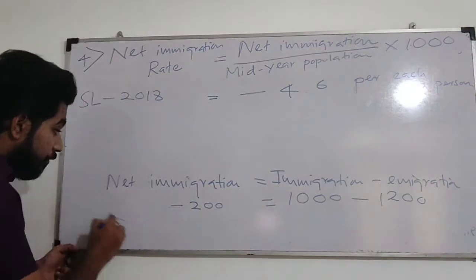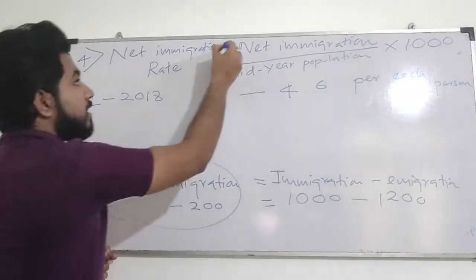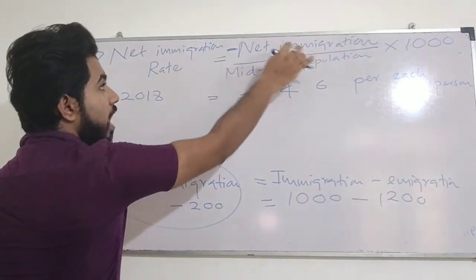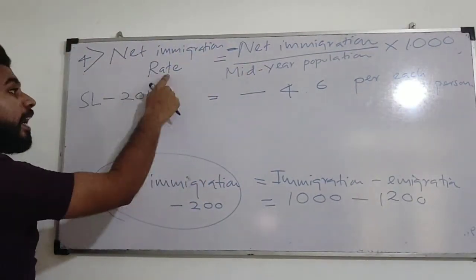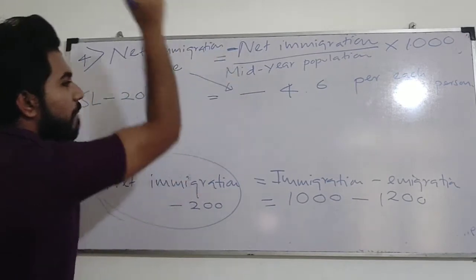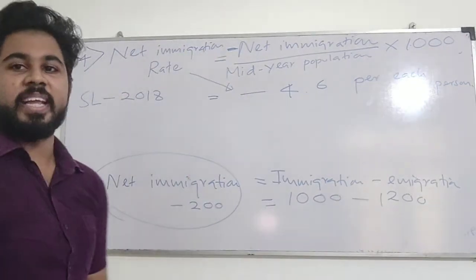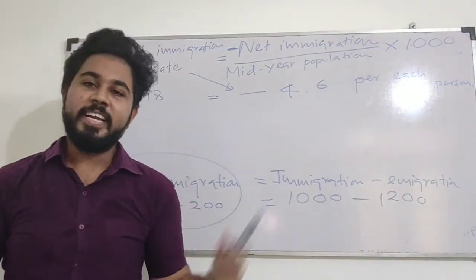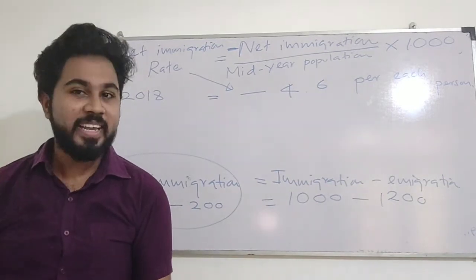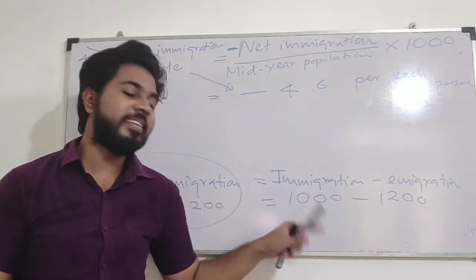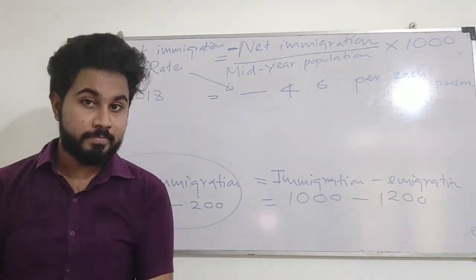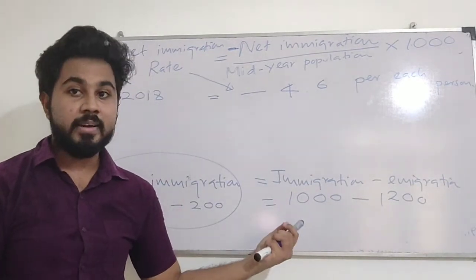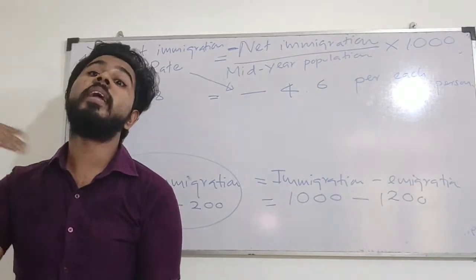If net immigration is a minus value, definitely the net immigration rate will also be a minus value. So in 2018, it was a minus value, which means emigration is greater than immigration. The number of people who came in is lesser than the number of people who went out.